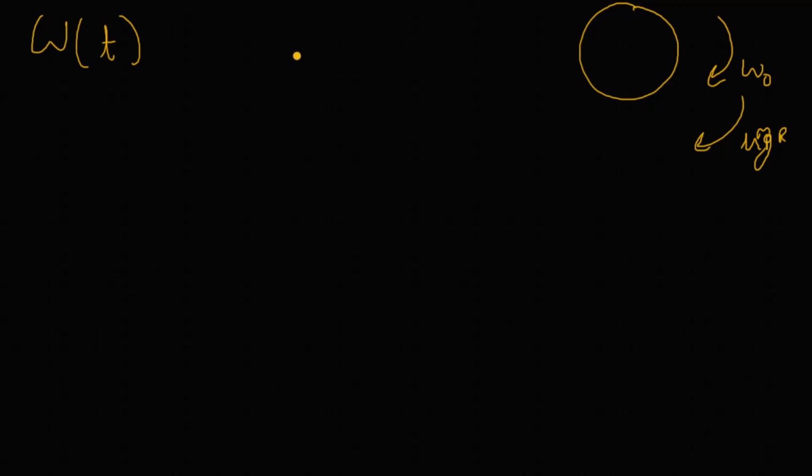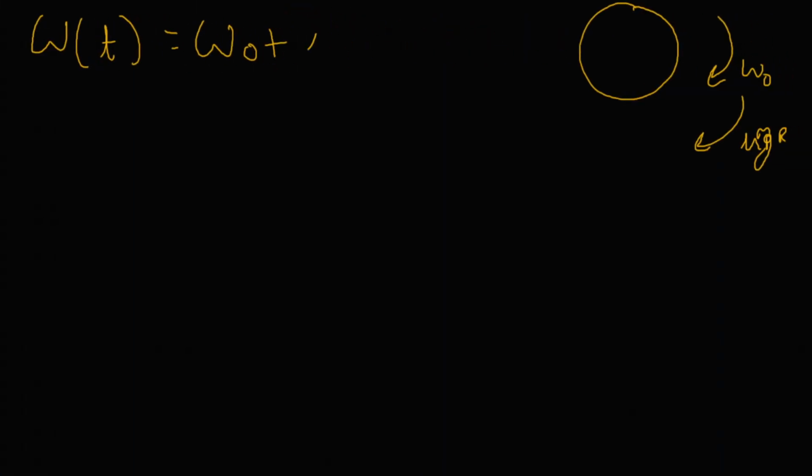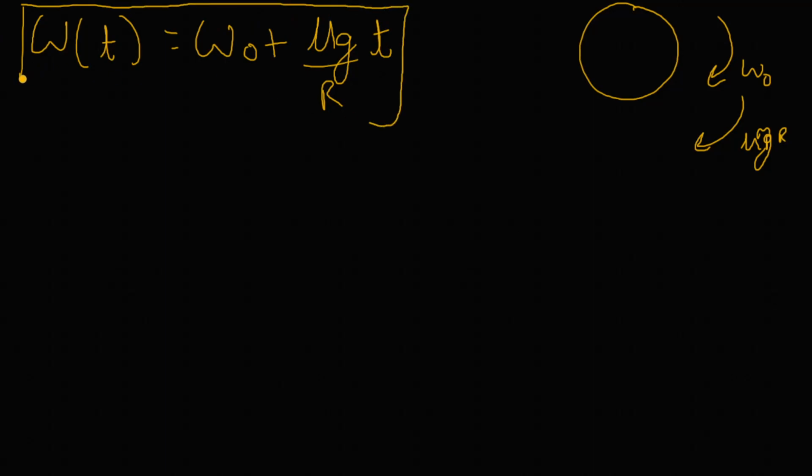So the angular acceleration is going to increase the angular velocity, so alpha is going to be positive. So we have omega naught plus alpha t. What did we get as alpha? We got alpha as mu g by r, into t. So this is omega, the angular velocity of the ring as a function of time.